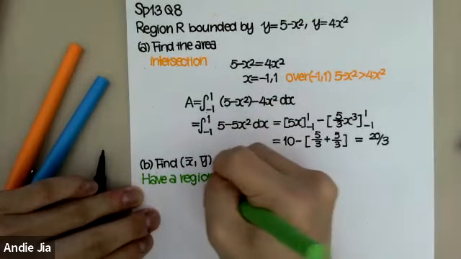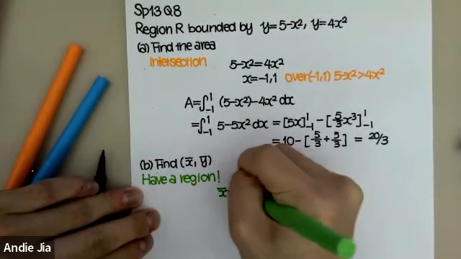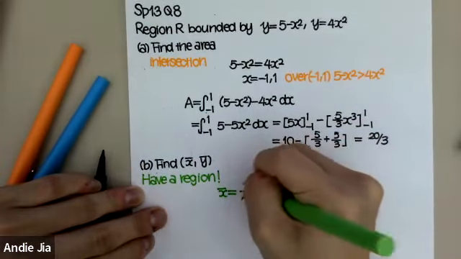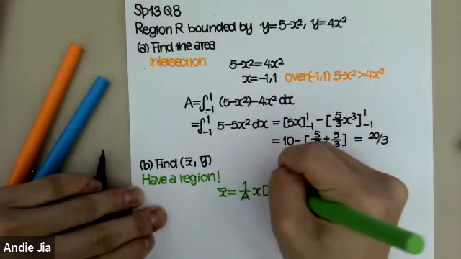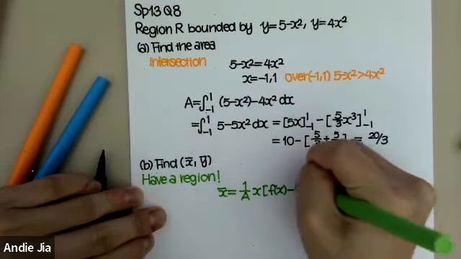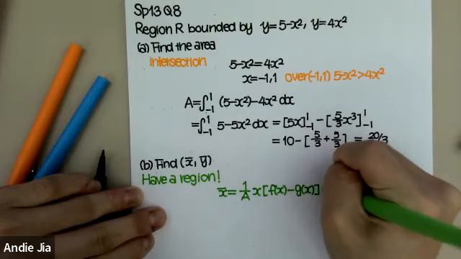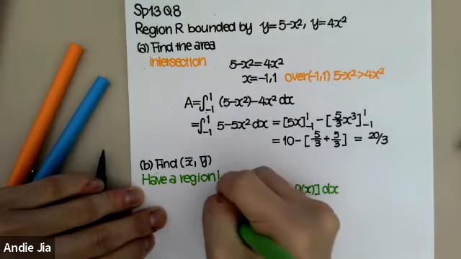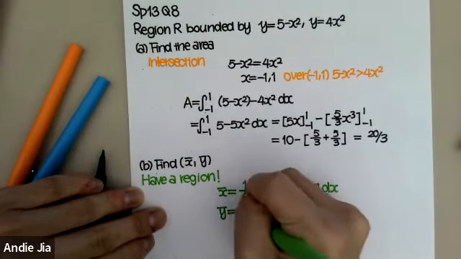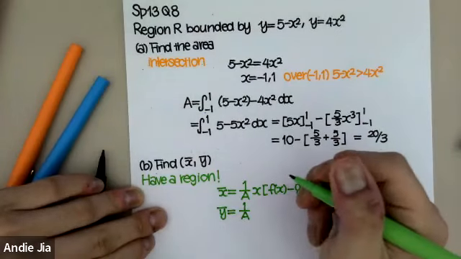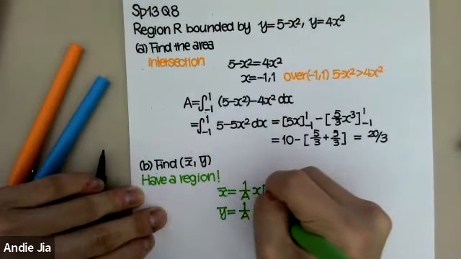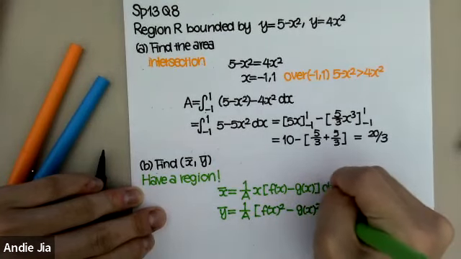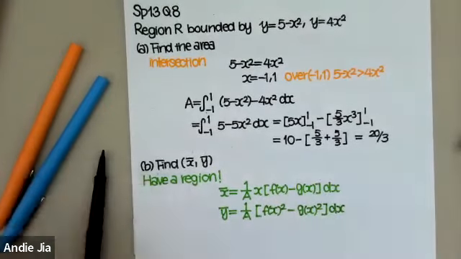So the x coordinate is 1 over area times the integral of x times f of x minus g of x dx, and the y coordinate is 1 over area times the integral of 1/2 of f of x squared minus g of x squared dx.